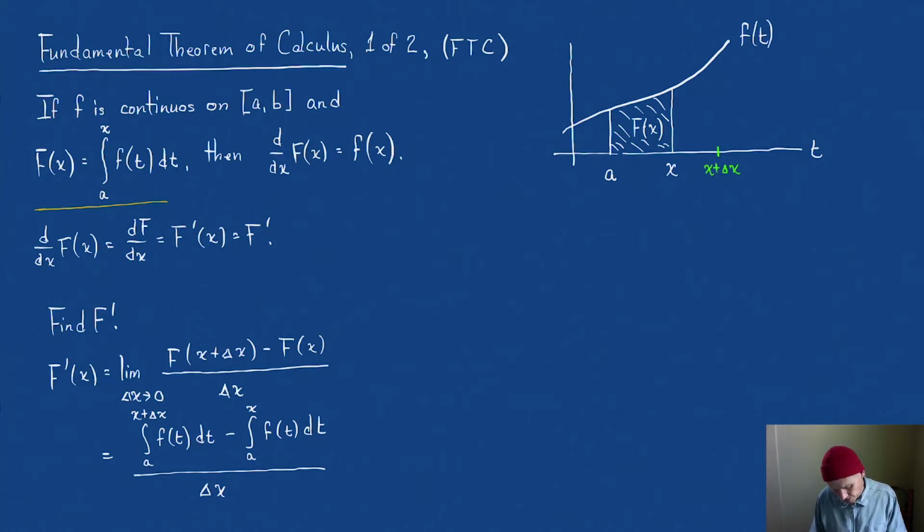This green region is all of this, and all of the green region is F of x plus delta x.